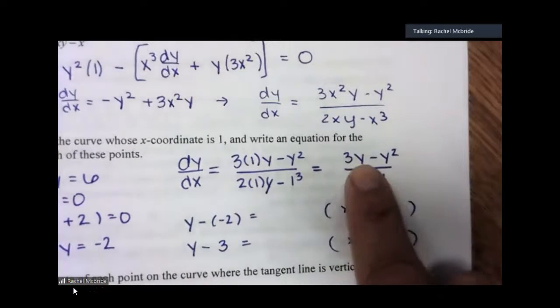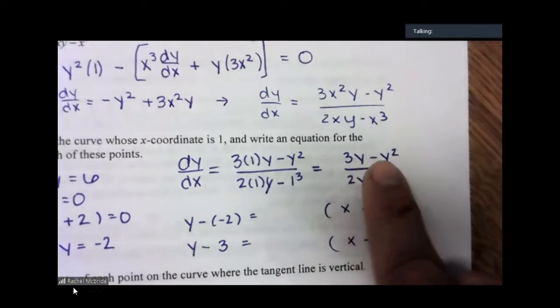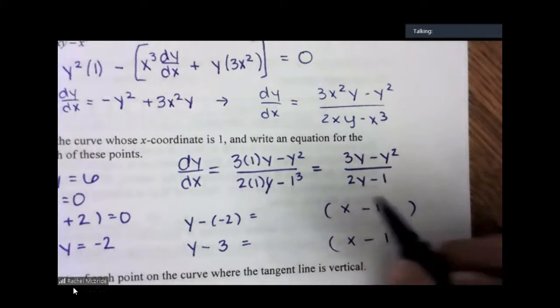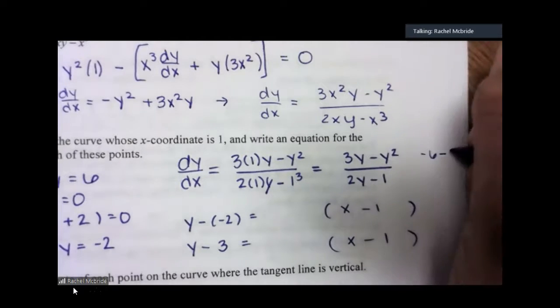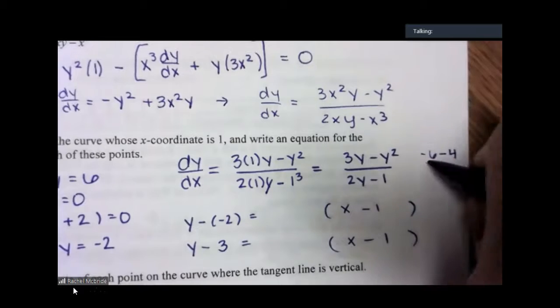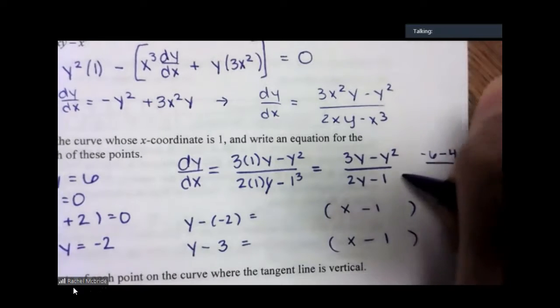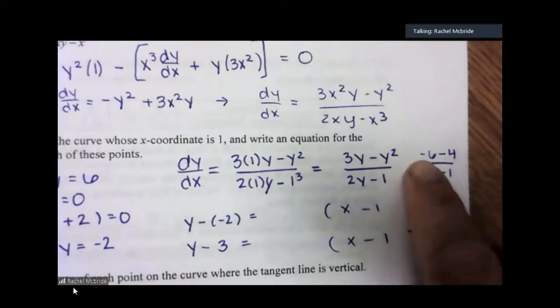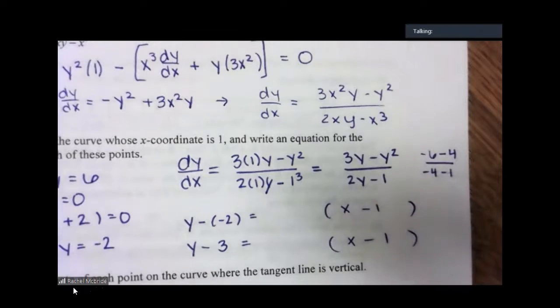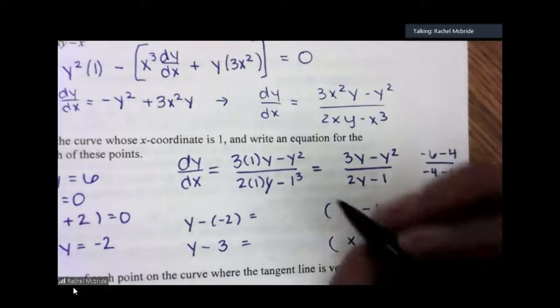So 3 times negative 2 is negative 6. Negative 6 minus negative 2 squared is 4 over 2 times negative 2, which is negative 4 minus 1. So I get negative 10 over negative 5. Well, negative 10 over negative 5 is positive 2.